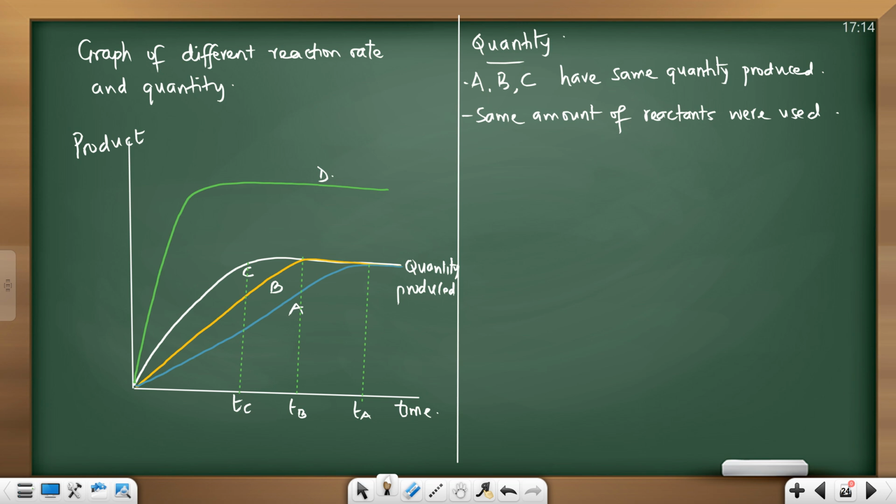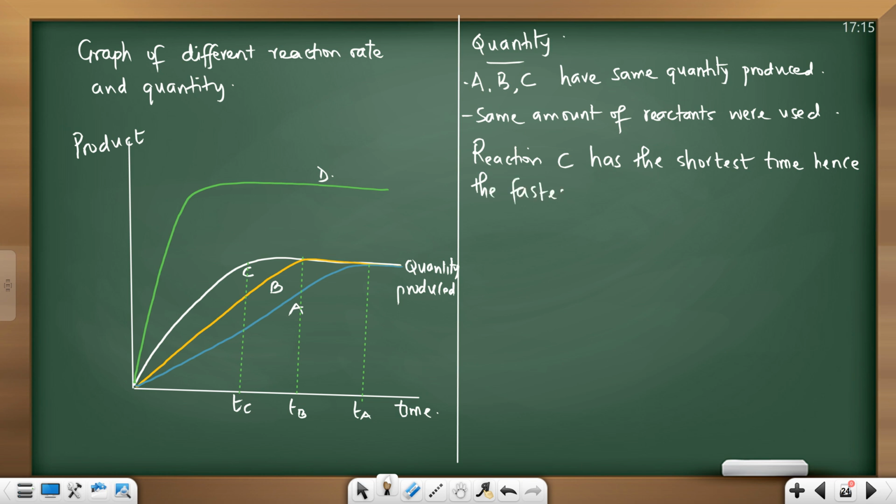All 3 have produced the same quantity, but the time frame differs, and we are dealing with the rates. How fast? All right, beautiful. So we see that C is the fastest here. So reaction C has the shortest time, hence the fastest.